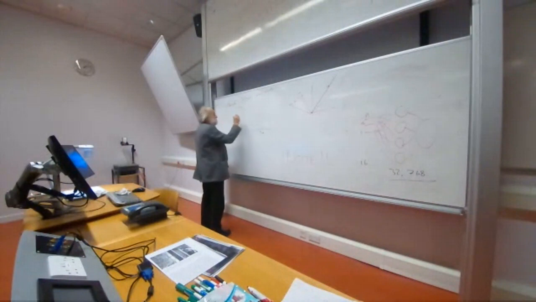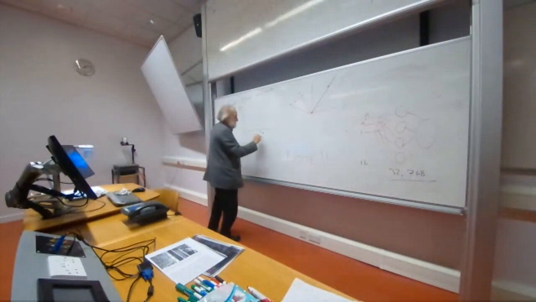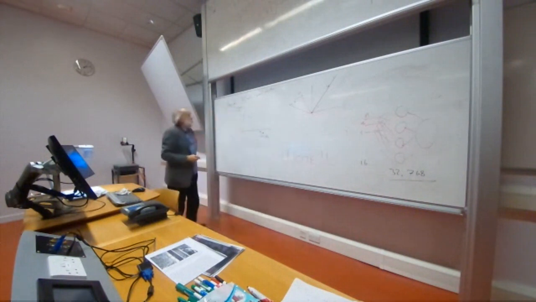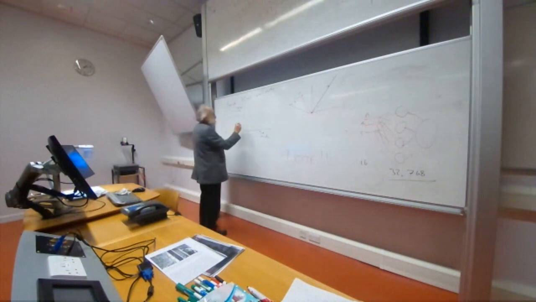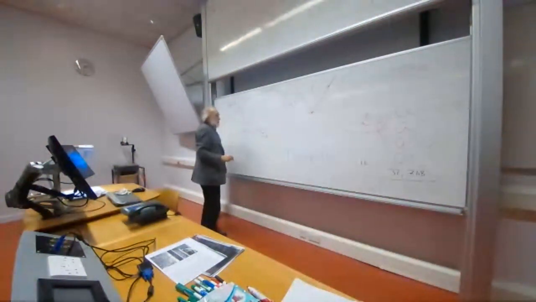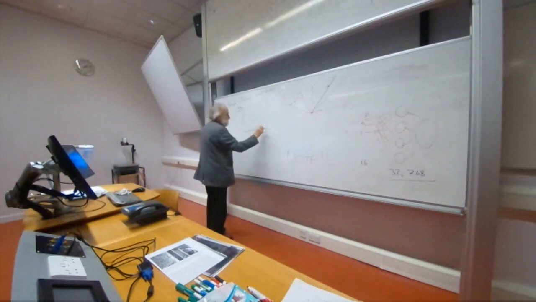Let's have this in miles, and let's have this in minutes. Keep the numbers small. And let's put some scales on here. Distance: 1, 2. And let's have time: 1, 2, 3, 4.